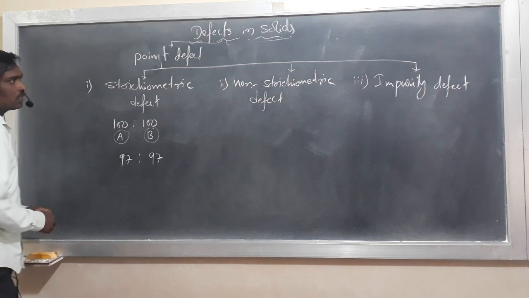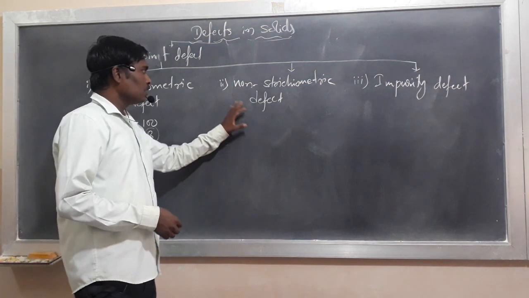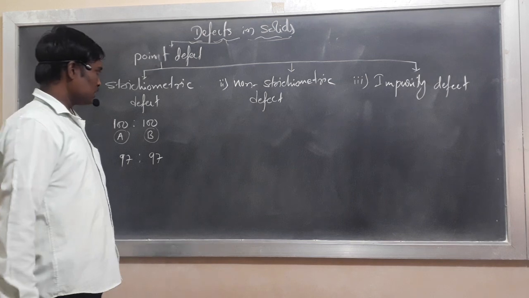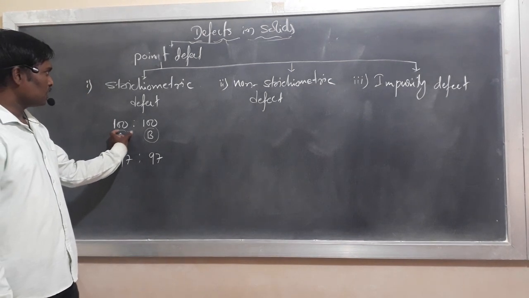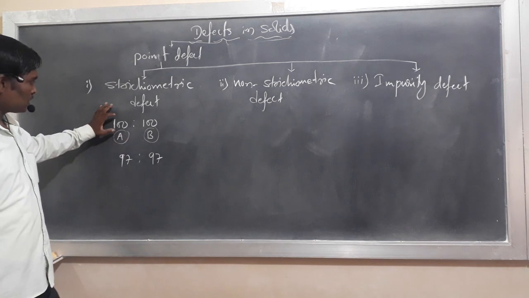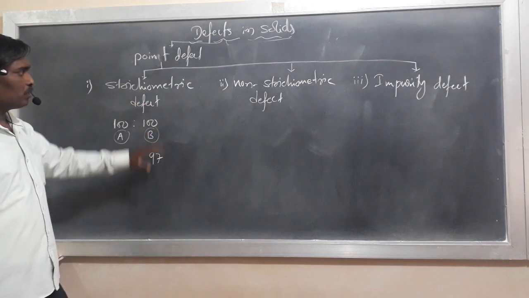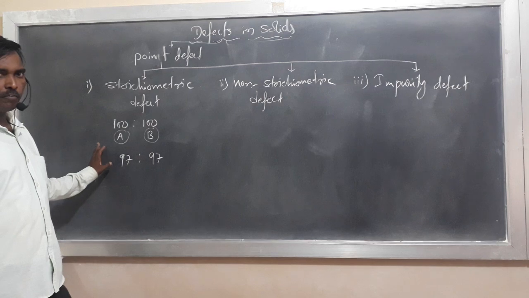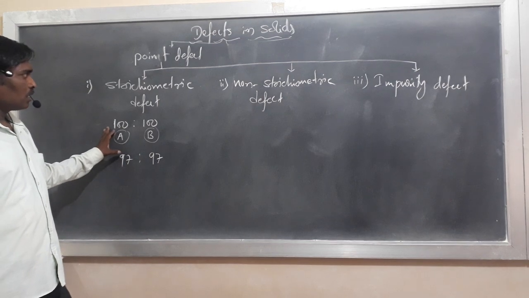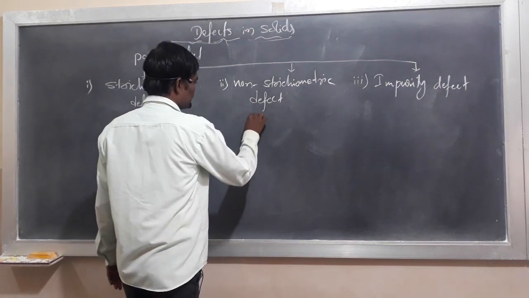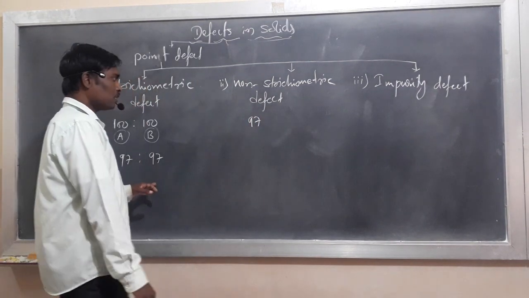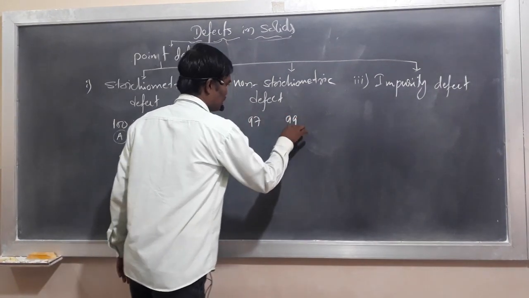And in non-stoichiometric defects, this ratio is disturbed. Say initially we are expecting the crystal to contain 100 A particles and 100 B particles, but there is some defect in that crystal. So then the crystal contains 97 A particles and 99 B particles.